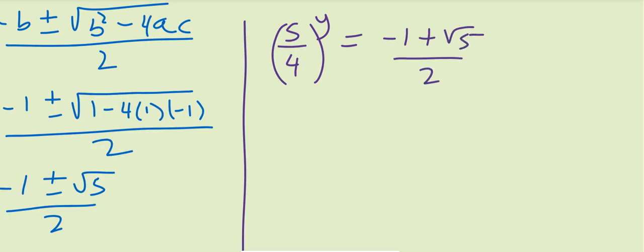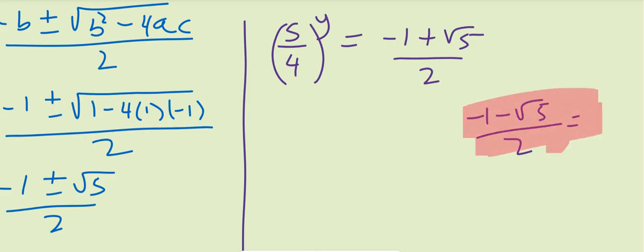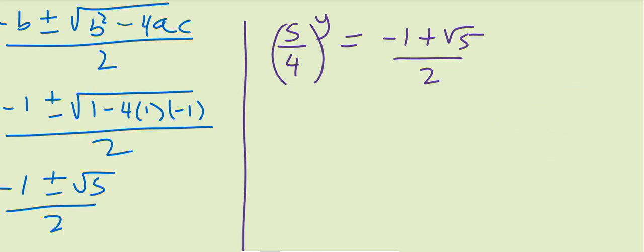Now, it should be plus or minus, but you need to note that minus 1 minus root 5 over 2 will give you a negative value. And if you're equating it to 5 over 4 to the power of y, you can't take log of negative numbers, which implies that this is not a solution.